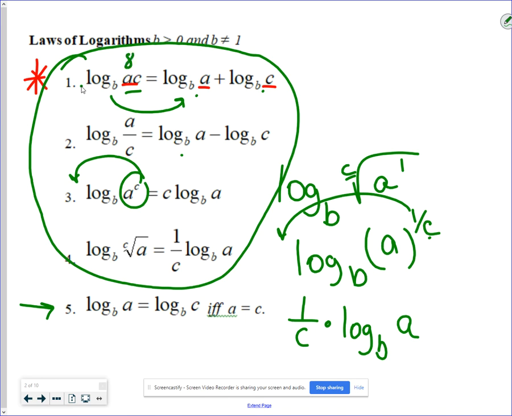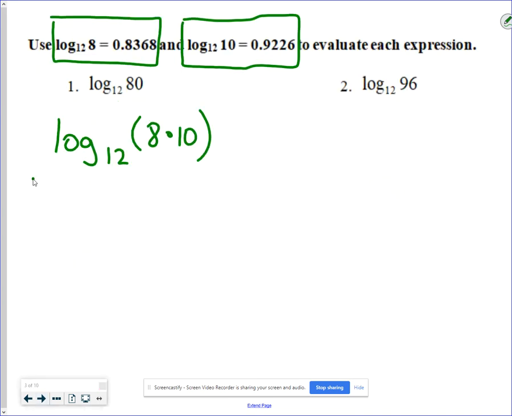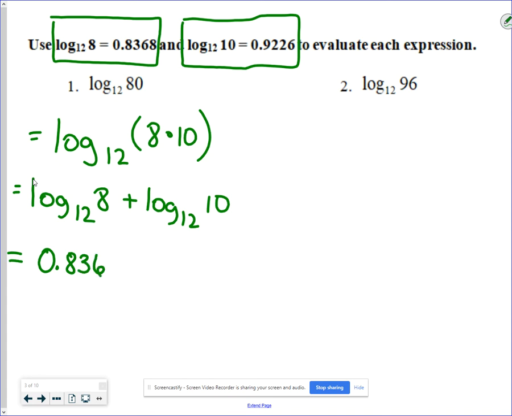I got 8 times 10. So 8 is like my A, 10 is like my C. So that means I can rewrite that single logarithm as 2 logarithms with addition. So I can rewrite this as log base 12 of 8 plus log base 12 of 10. Now we know what log base 12 of 8 is, and the only reason we know it is because the directions gave us the answer.